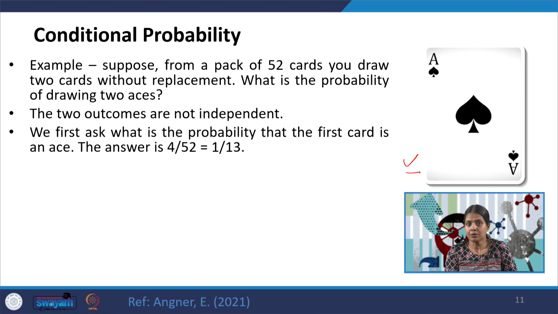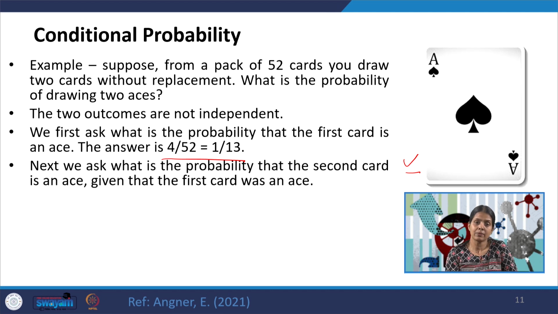So, we first ask what is the probability that the first card is an ace? The answer is 4 upon 52. There are 52 cards and there are 4 aces. So, 4 upon 52, which equals 1 upon 13, is the probability that the first card will be an ace. Next we ask what is the probability that the second card is an ace, given that the first card was an ace.